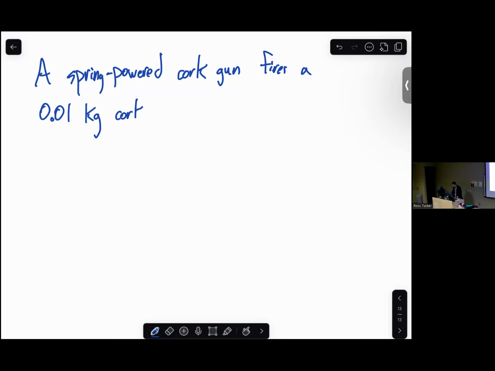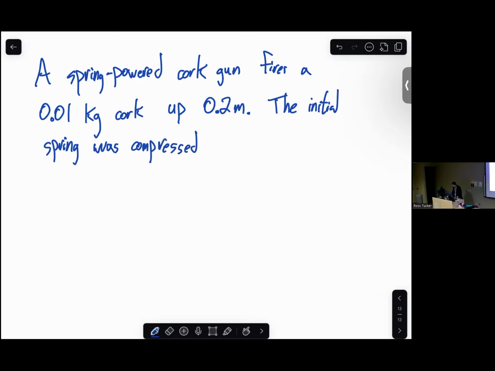Cork up about 20 centimeters. The initial spring was compressed. Five centimeters?